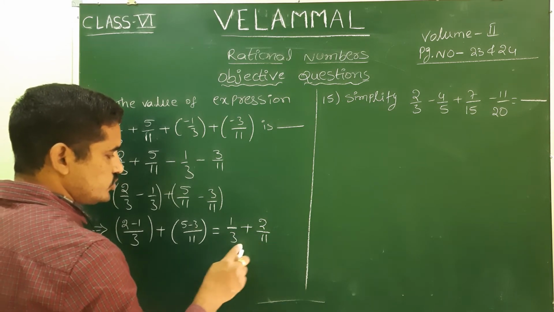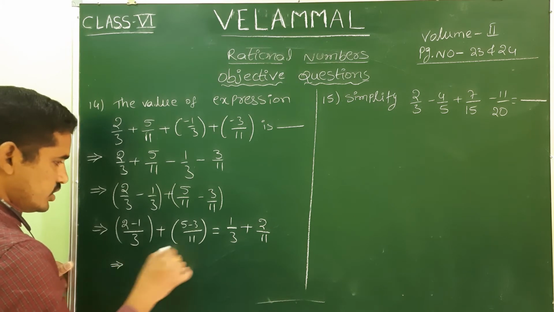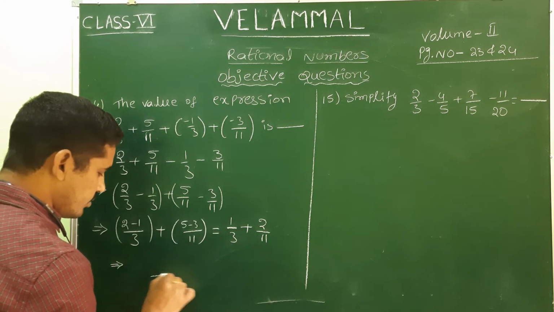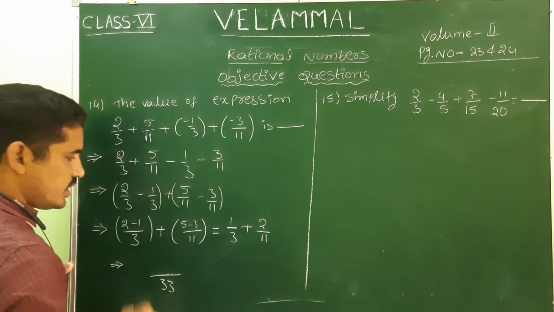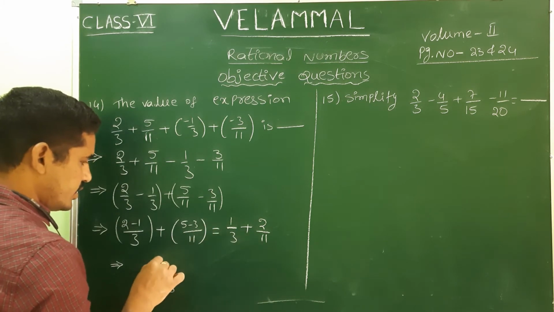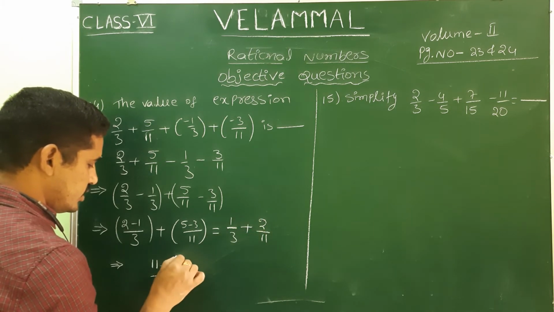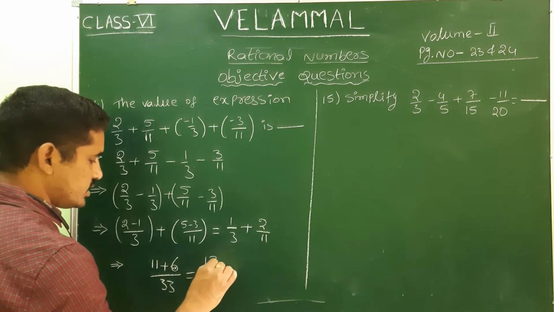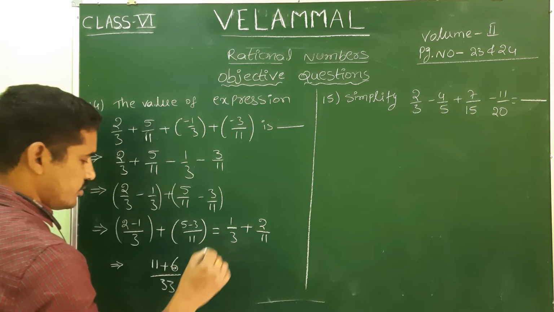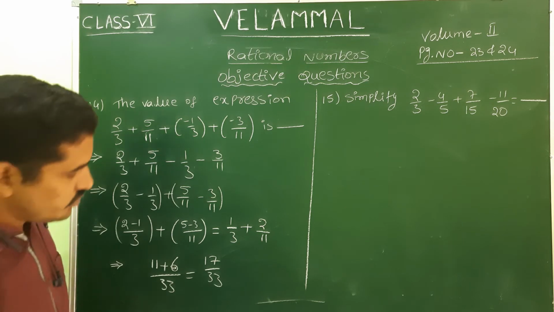Now for these two denominators we need to take the LCM. These two are prime numbers, so the product will be the LCM. Now we can do cross multiplication: 11 ones are 11 plus 3 twos are 6. So we got 17 by 33, which is the fourth option.